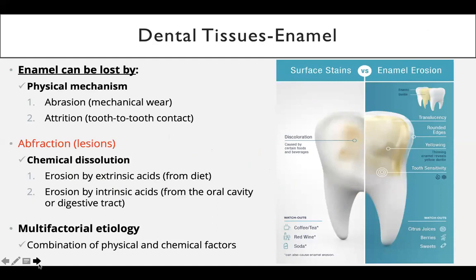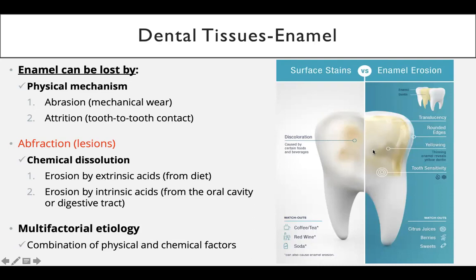Okay, so now if we go towards the right side, there is a comparison between surface stains and enamel erosion. So enamel erosion will be translucent, with rounded edges.